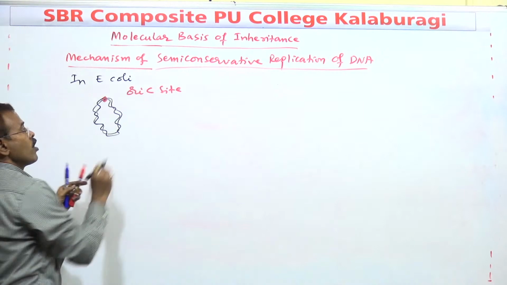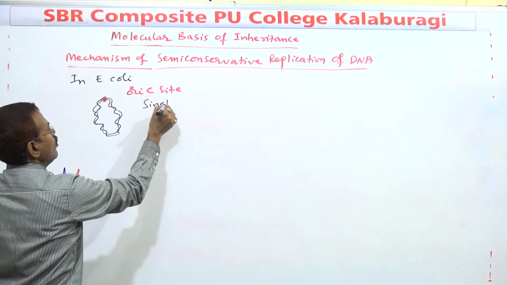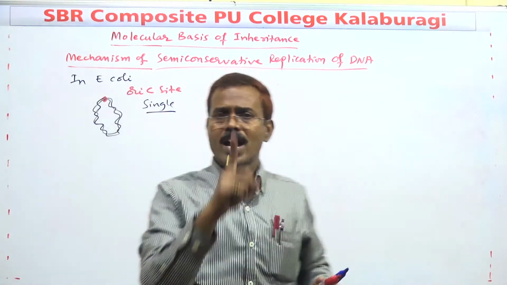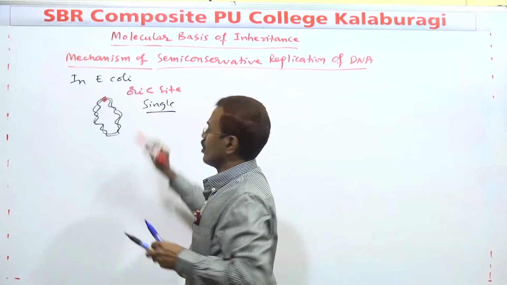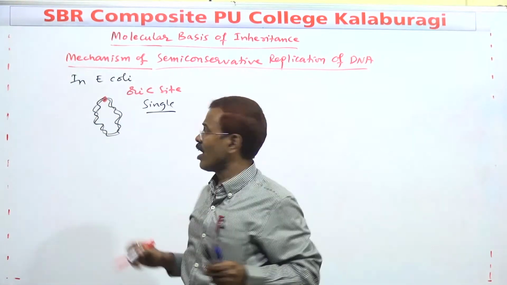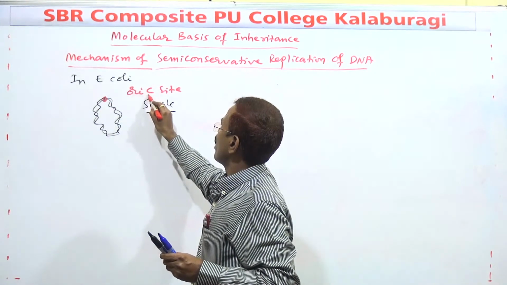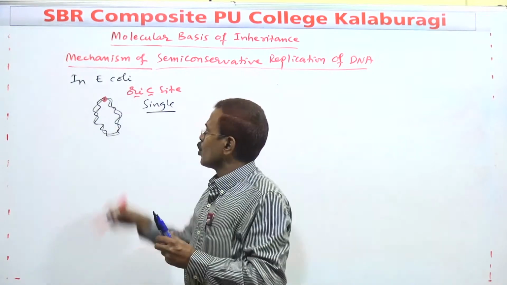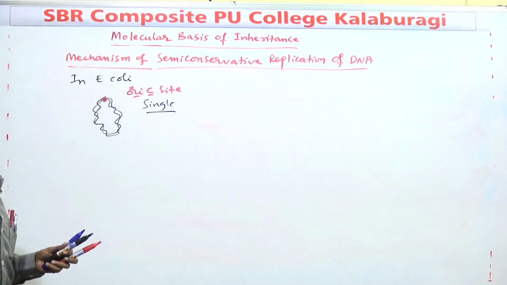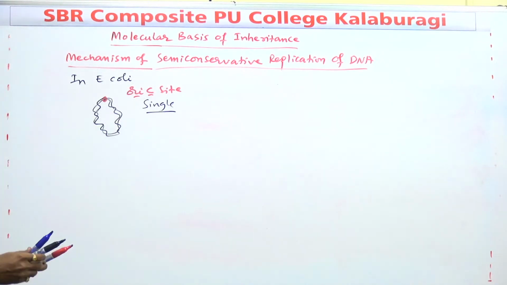The number of ori is single, remember. In a prokaryotic cell, a single ori will be there, which means replication begins at a single site. The ori is a control site to which the enzymes can attach and initiate the replication process.